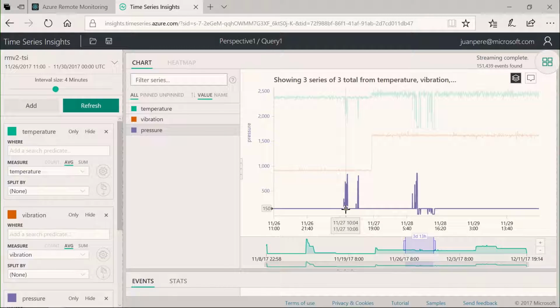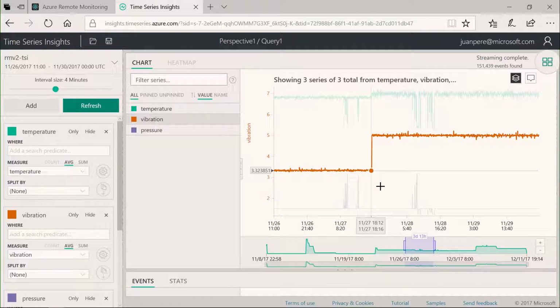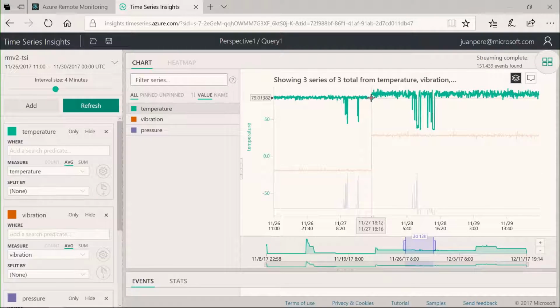And the vibration seems to have gone up just after we had a couple of these pressure bumps here. So very likely we had a problem with pressure that went up a couple of times. Some part of that machine went loose and the machine started vibrating, and the vibration seems to have generated a higher temperature, which is triggering the alert.